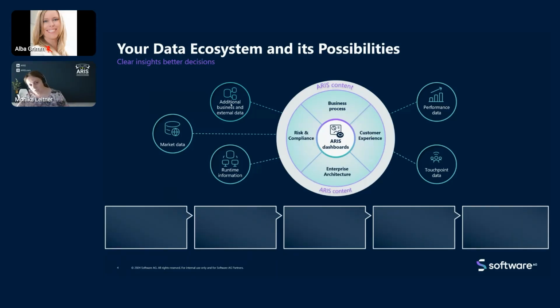How can you use the existing data of your existing applications in your environment to drive better decisions, how to get it into ARIS, how to create a use case which helps you to find all the information at the right place at the right time, and how to make it interactive.